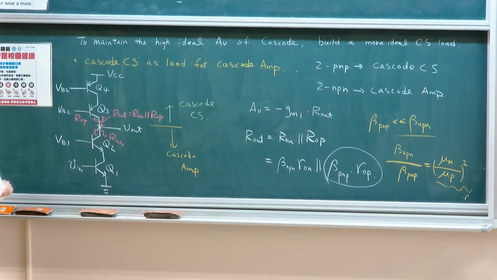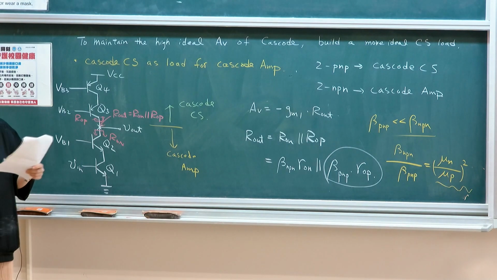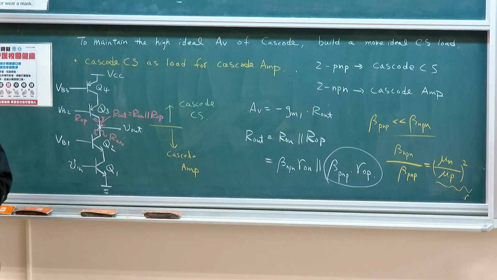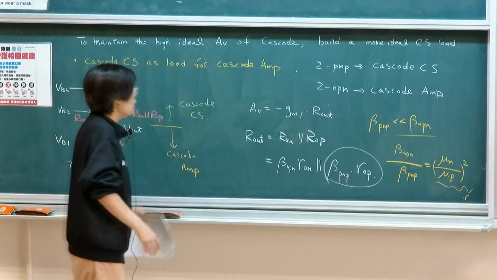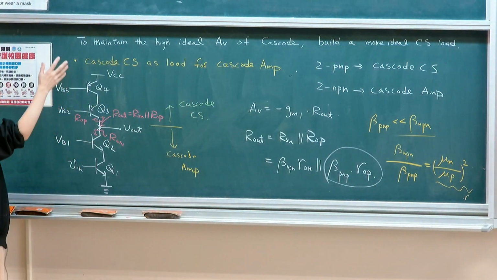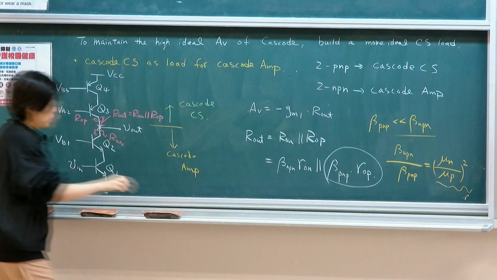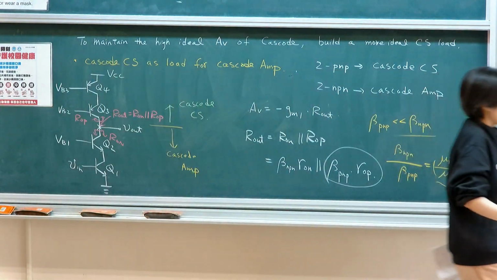So let's look at an example. We're going to finish up this discussion of a cascode stage with a complete example of a cascode amplifier with cascode current source load. And we're going to talk about the trade-off and how one analyzes its key operation, the 3 key parameters, and also what is the target?